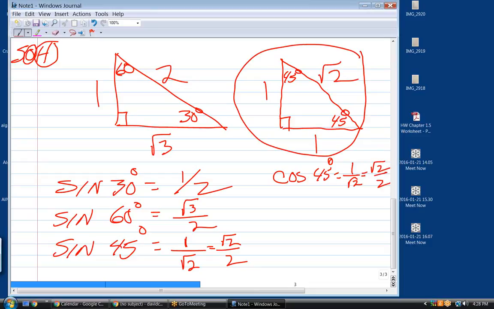Which would be square root 2 over 2. So the cosine of 45 degrees is the same value as the sine of 45 degrees. What's the tangent of 45 degrees? That's just 1.